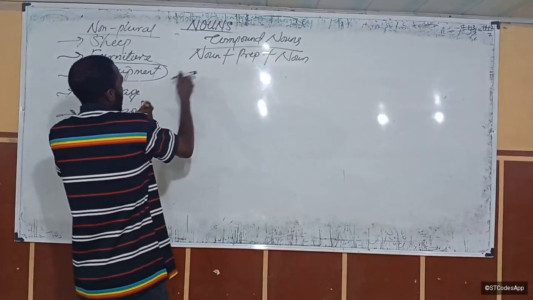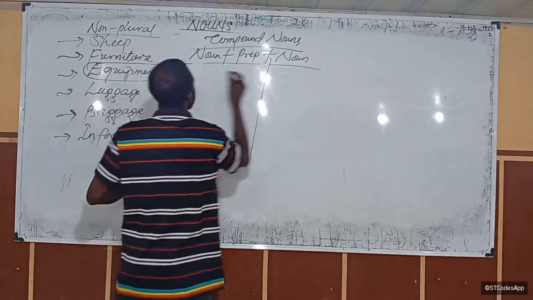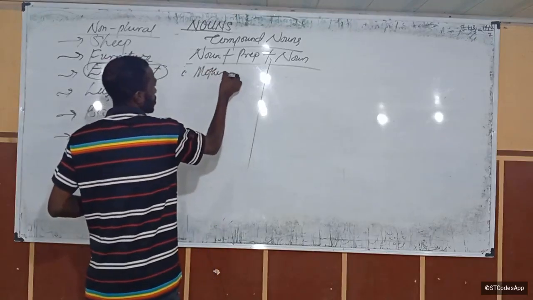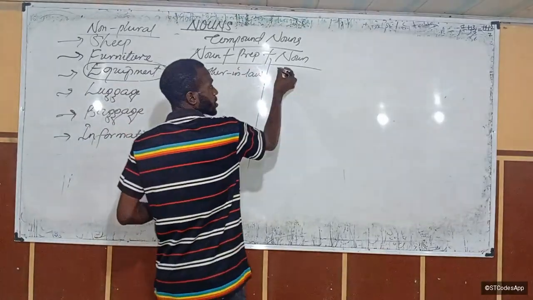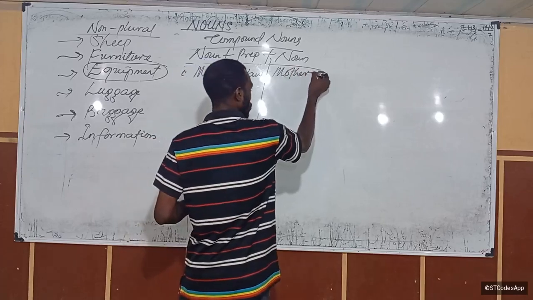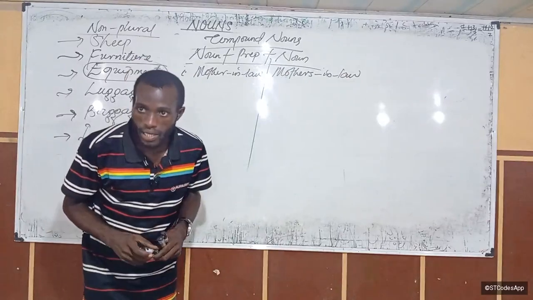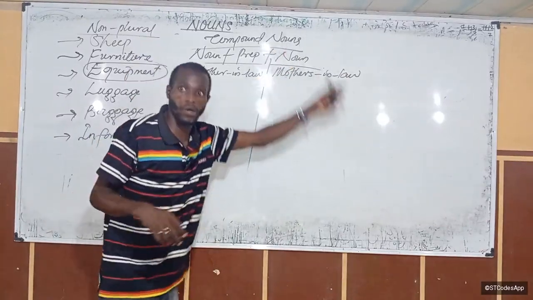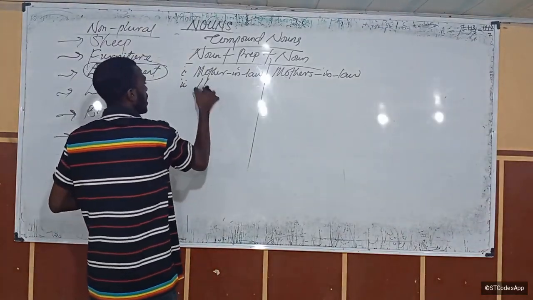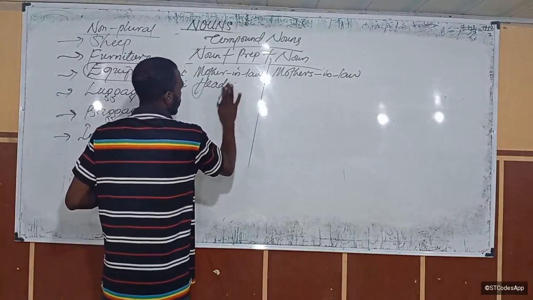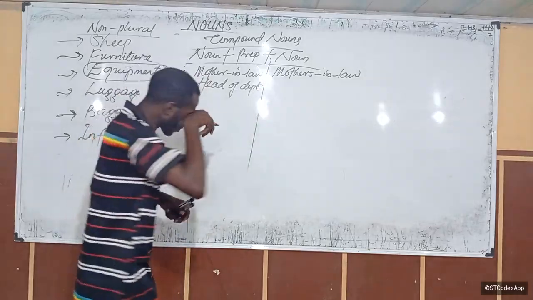As in words like mother-in-law, yeah? So it becomes what? Mothers-in-law, not mothers-in-laws. Does that make sense? And not mother-in-laws. Good. Now the next one, look at this. Head of department. It becomes what?